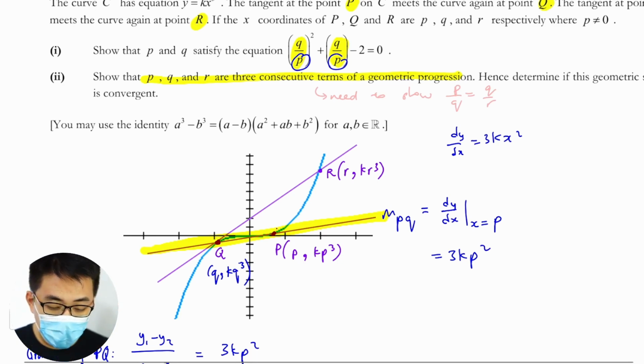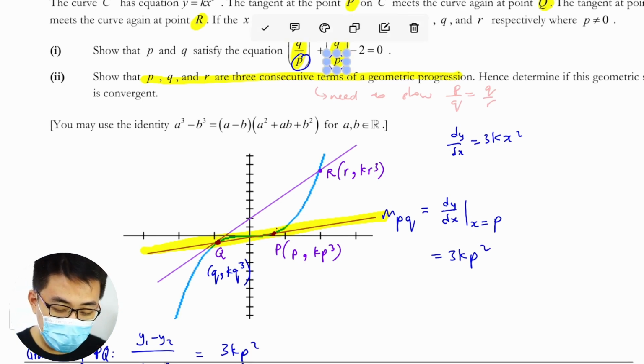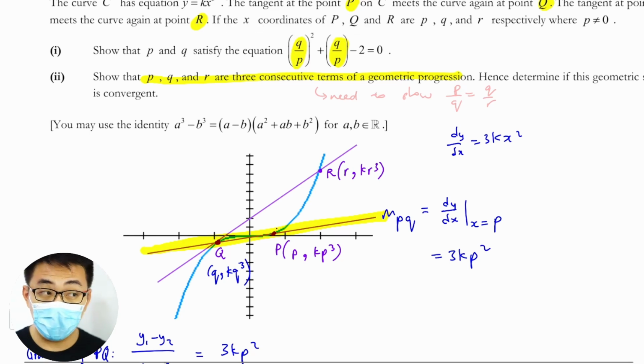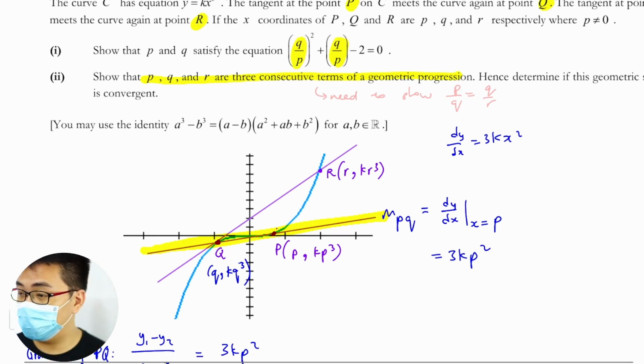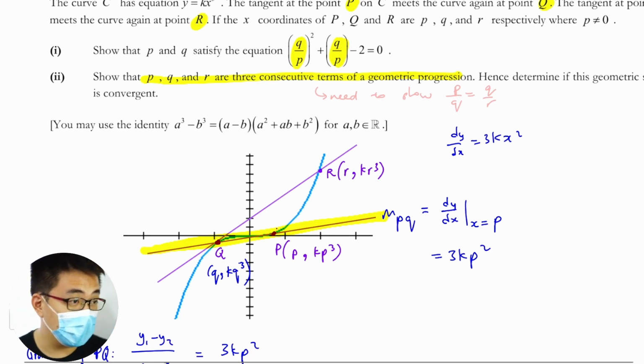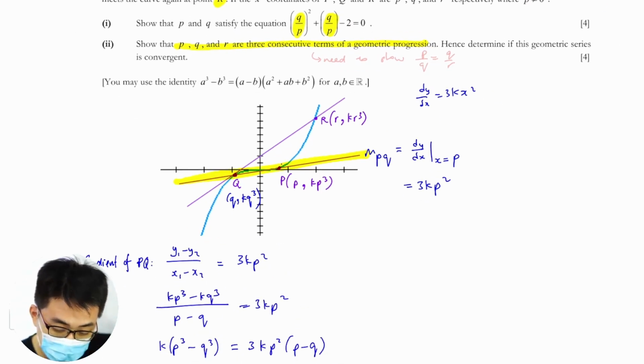Okay. Now for the first part, we have the relationship between P and Q. So now you need the relationship between Q and R or P and R, doesn't matter. But in this case, you need to be able to show. Okay, how do you show? Hear me out carefully.